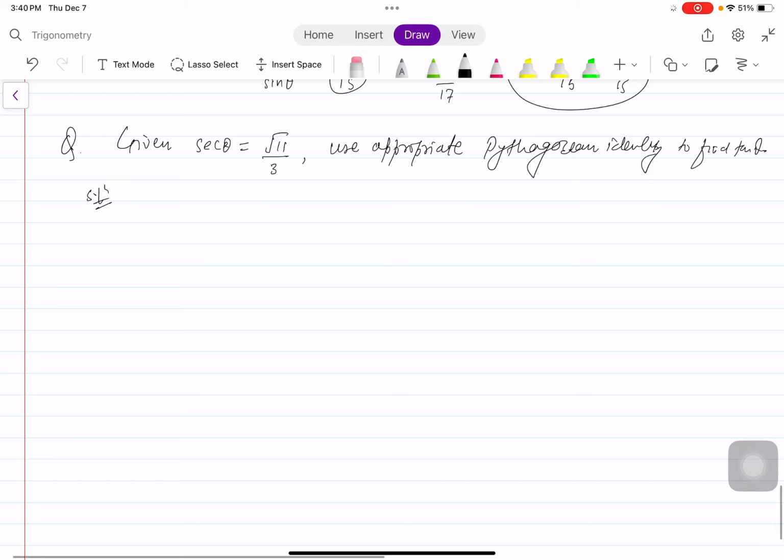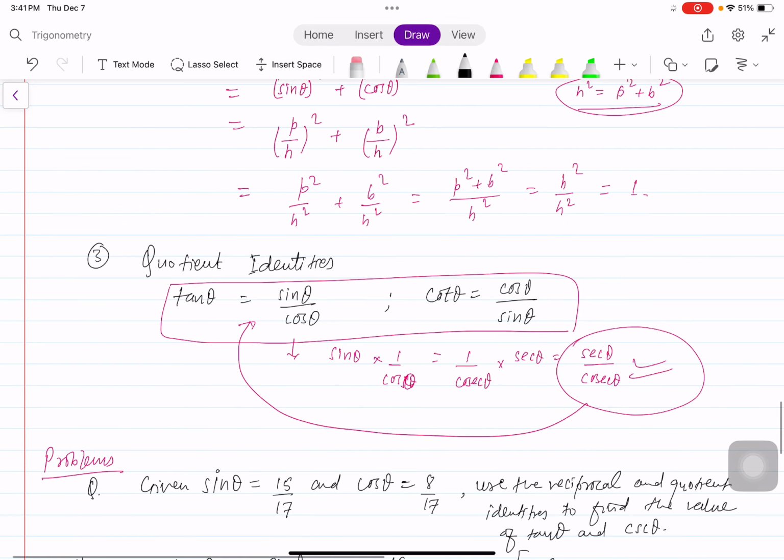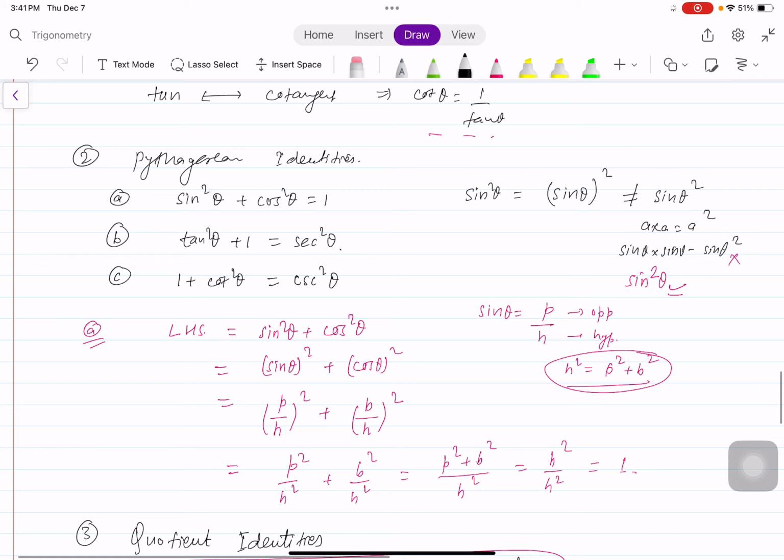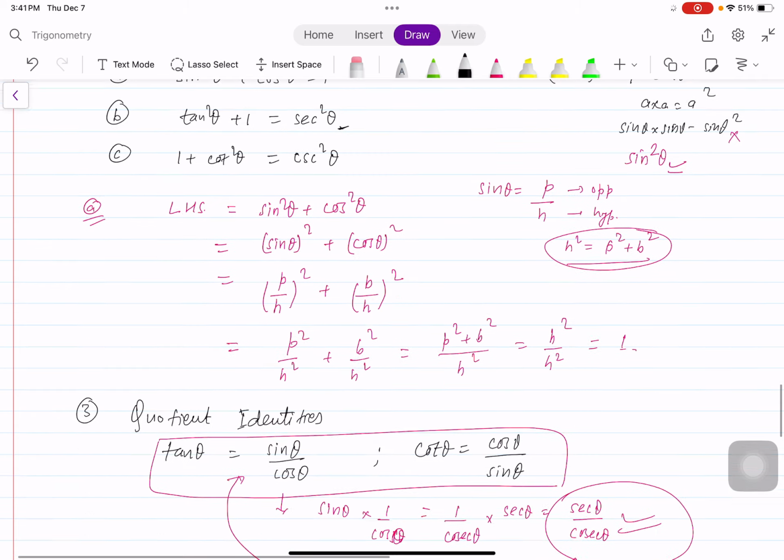So this is also very straightforward. So tan theta equals what? We will choose such a Pythagorean identity from here. Since we are given secant, we will choose this Pythagorean identity.